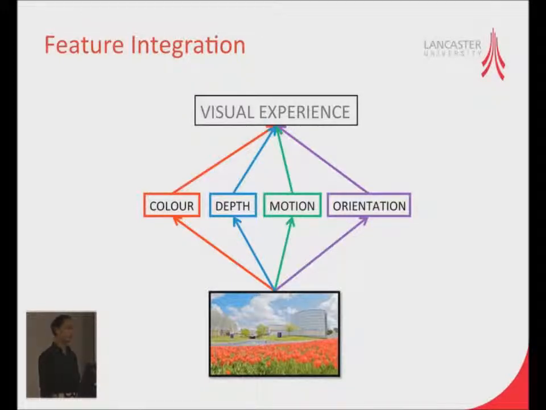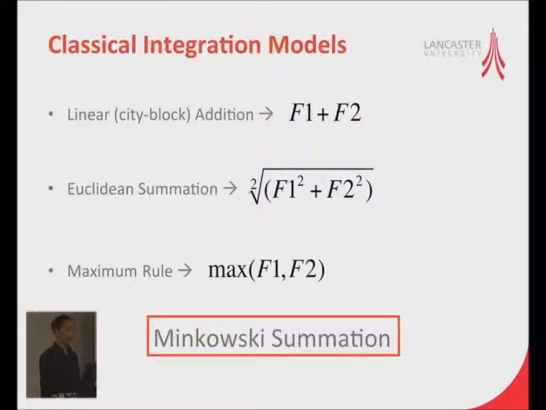There have been several different models for feature integration, including linear addition. So some people say that the cues just add up together using linear addition, like just the sum. Others have suggested that it's more of a Euclidean summation, so what follows more along this type of equation. And others still suggest that it's more of the maximum rule.